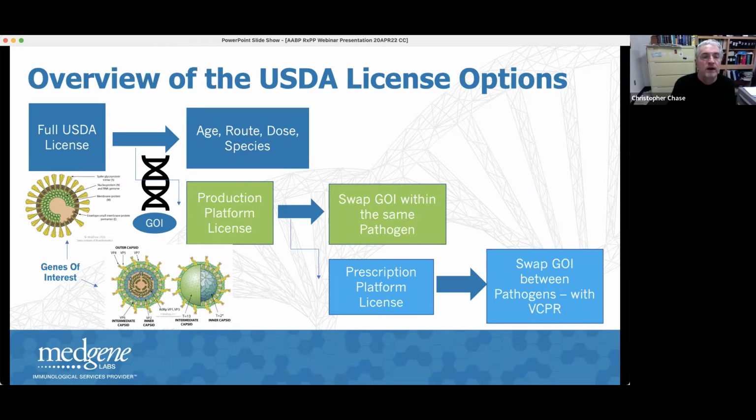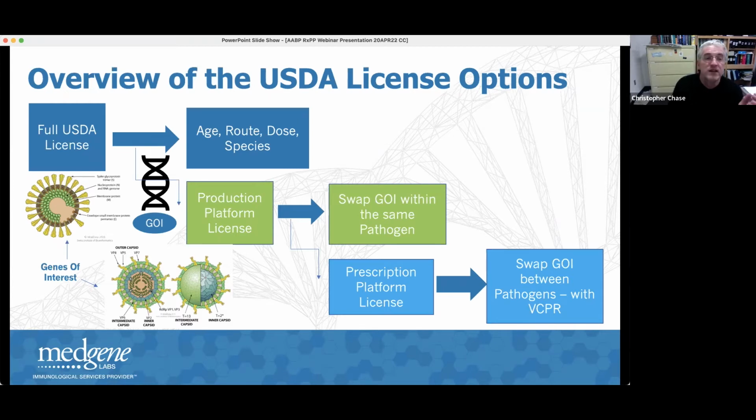Now what we can do, though, particularly when we use what we call a platform, is use technology where we can express these genes in the same platform, and we do that in a production platform license.